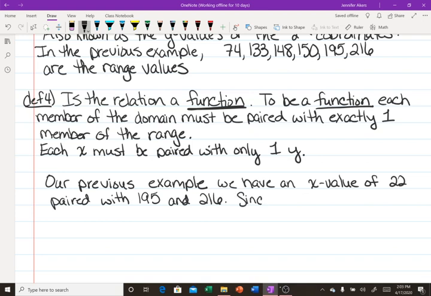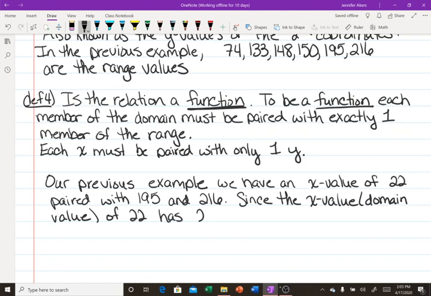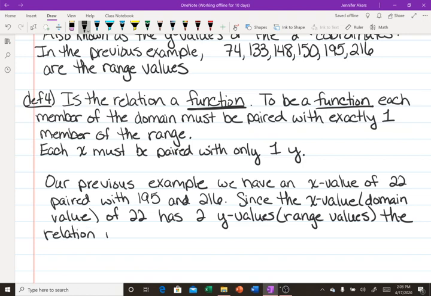So since the x value or domain value of 22 has two y values or range values, the relation is not a function. Okay.